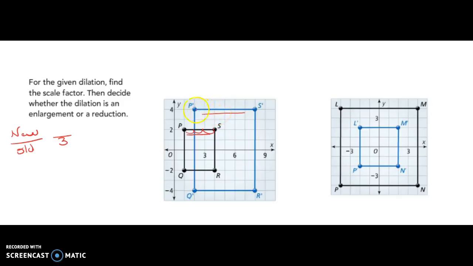So let's count how far it is from P prime to S prime. 1, 2, 3, 4, 5, 6. So we have 6 over 3. We're going to divide that out. We have a scale factor of 2. And that makes it an enlargement.